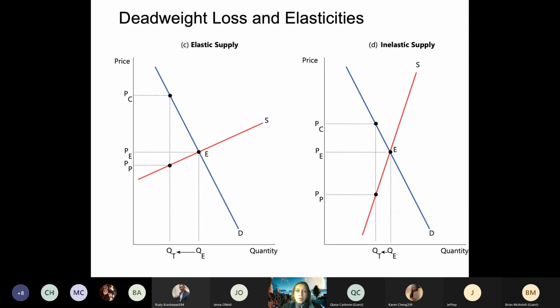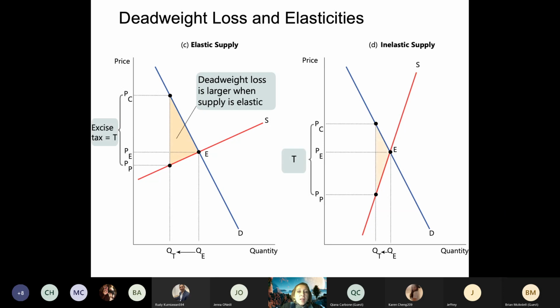Okay, so the same story about elasticity of supply. Look, in this graph we have demand curves that are the same, but supply is more elastic in the first one and less elastic in the second graph. And we also have a tax that results in higher deadweight loss in the case of a more elastic supply.